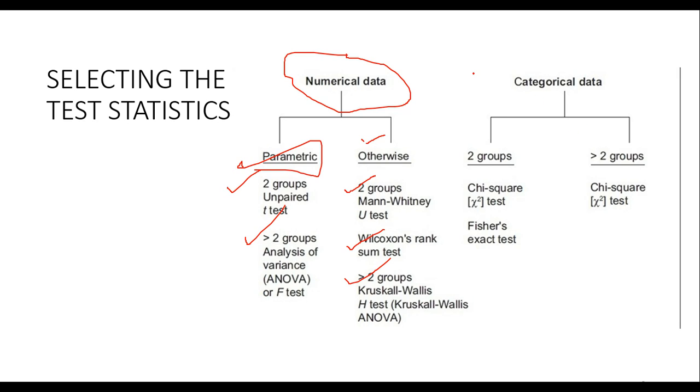Suppose the data is not numeric at all, it's categorical in nature. Then for non-numerical data, if there are two groups, we go for the chi-square test. And if there are more than two groups, again we go with the chi-square test. I'll just show you an example that will clarify things for you.